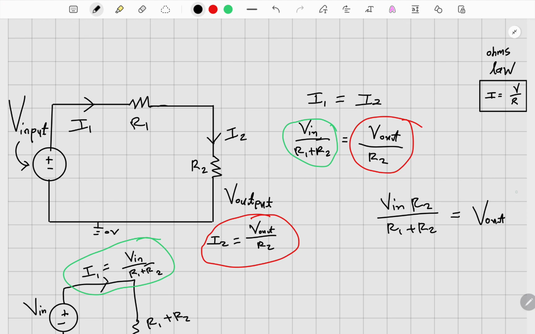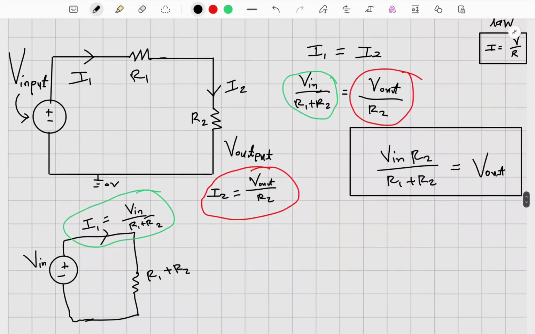And this is our general voltage divider equation. This is used only when you have two resistors in series. Let's say you have 3 resistors in series, then you could add up two of the resistors and you could get your voltage divider for 2 resistors.